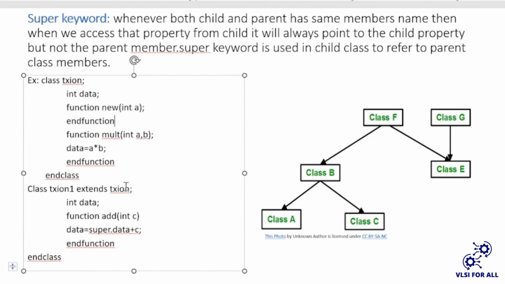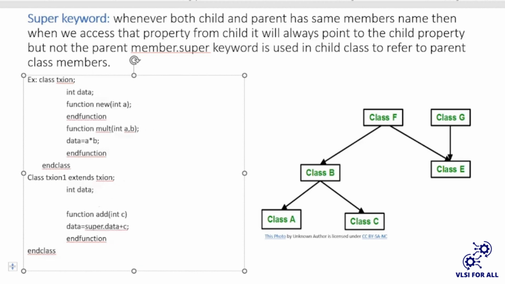So in this case you need to create a constructor in the child also, and pass an argument, whatever it is, D. Here you need to call super dot new and pass this argument.